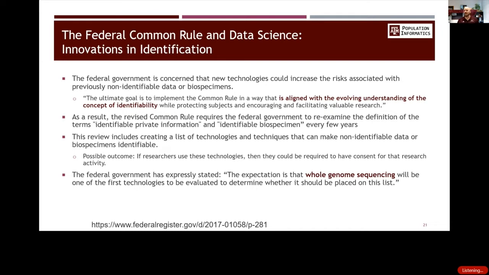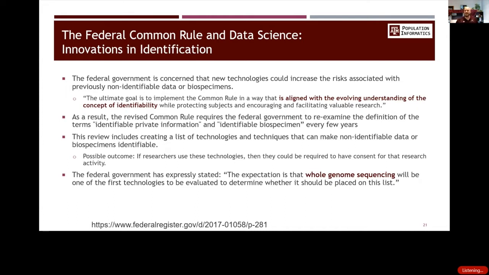While simultaneously encouraging important research, right? And so as part of that most recent revision, the federal government has said that it will re-examine the definition of identifiable private information and identifiable biospecimens every couple of years.